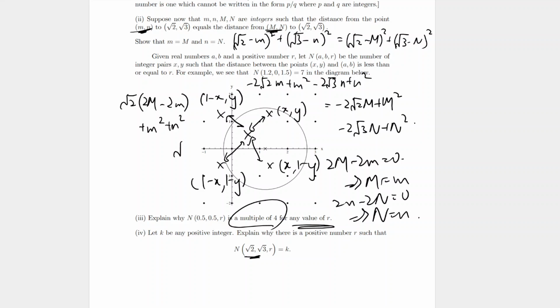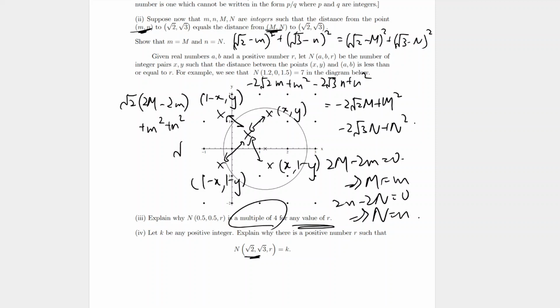And part 2 wants you to show that m equals M and n equals N. What is that trying to prove? That's trying to prove the uniqueness of the points, right? This is also a classic technique when you're proving uniqueness: you suppose that 2 things are different, and at the end you show that they're the same. It's a classic way of proving uniqueness.